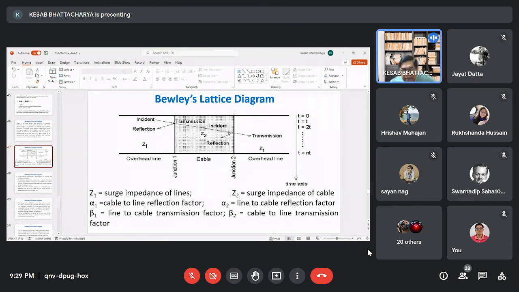But at junction 2, reflection takes place and the reflected wave enters the cable, not the transmission line as in the case of junction 1. That is why, in finding the reflection factors, only the values of Z1 and Z2 have to be interchanged. The basic formula will remain the same.